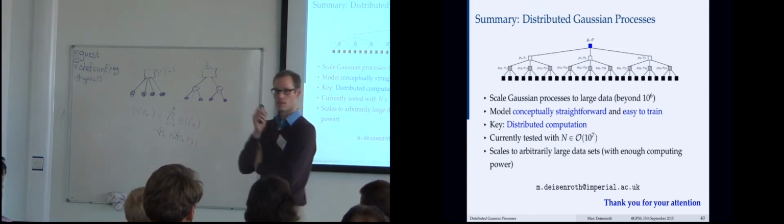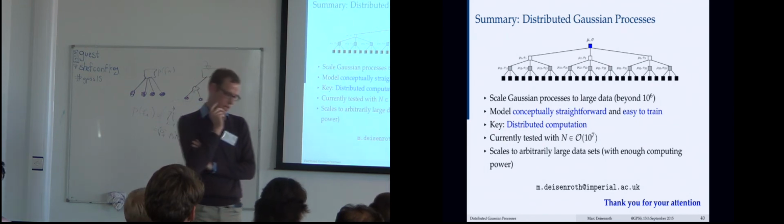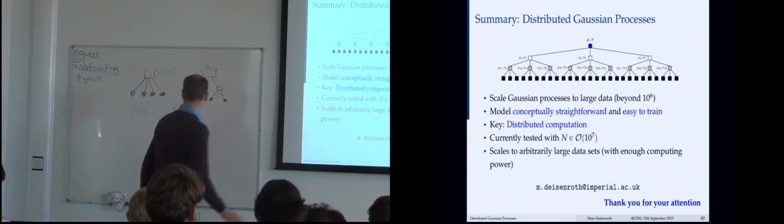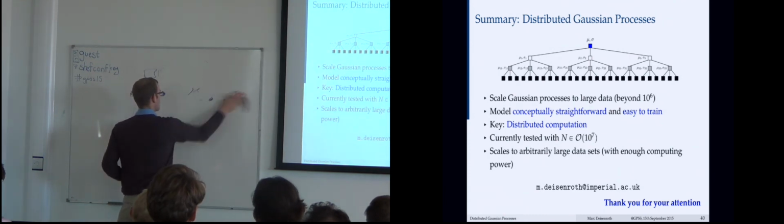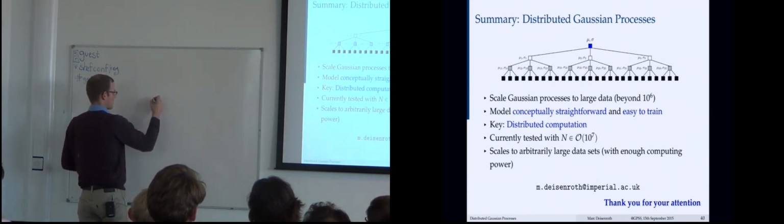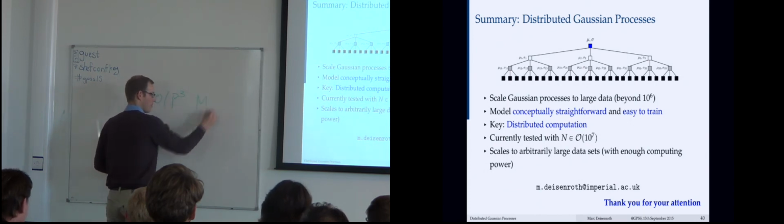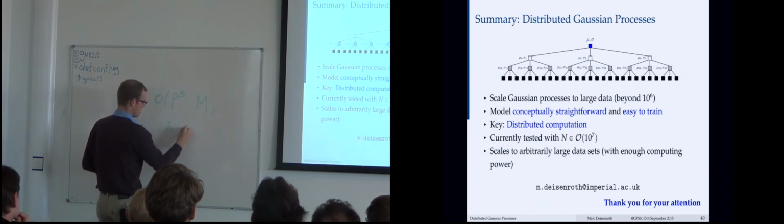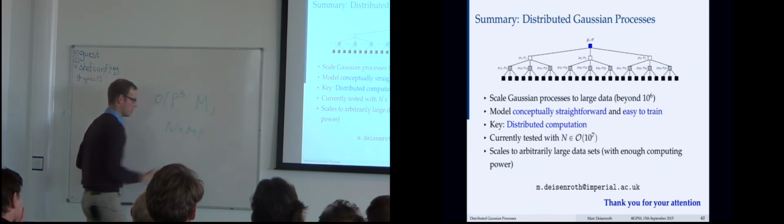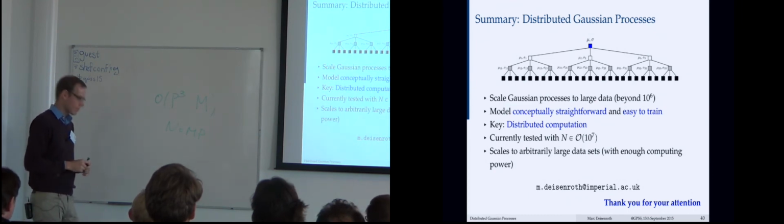Yes, it's O of P cubed times M, and N equals M times P. If for sparse GP you set the number of inducing inputs equal to the data on each machine, then they have the same complexity.